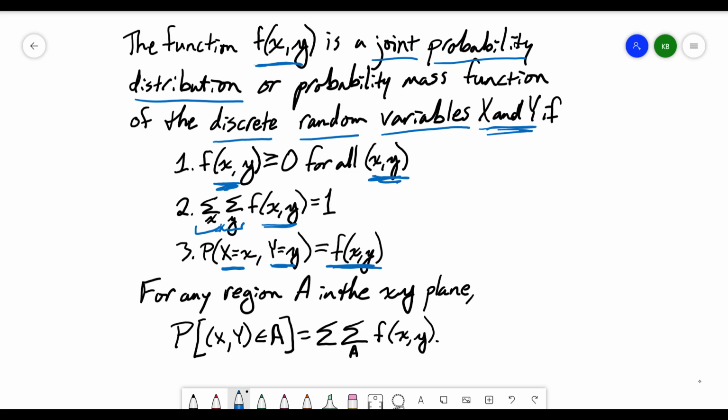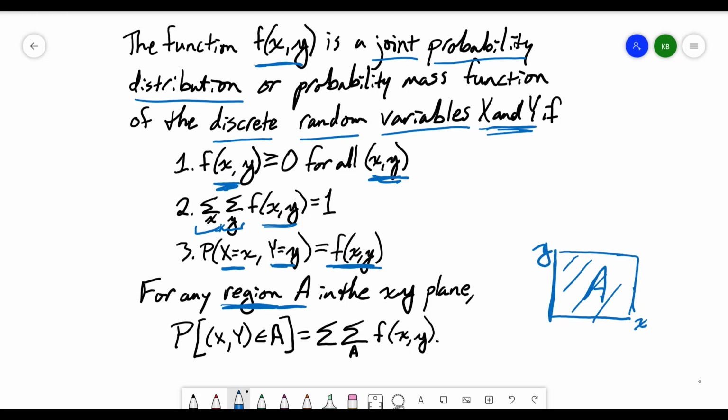Finally, when we were talking about the probability distribution for a single discrete random variable, we were talking about an interval instead of a region. So now that we have two, these things are going to turn into regions. So before we had an interval, and now we have both those x values and we have y values, and they can take on anything in that area, making us have a region A that we're talking about.